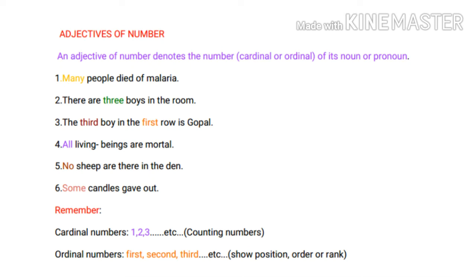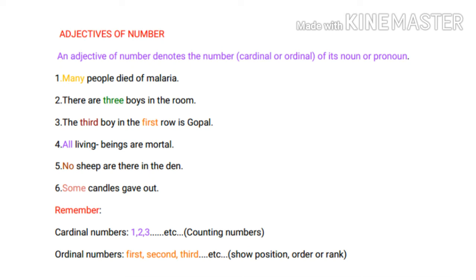Ordinal number refers to the position, order or rank of something or somebody. We use the numbers first, second, third and so on for denoting the position, order, rank, etc.